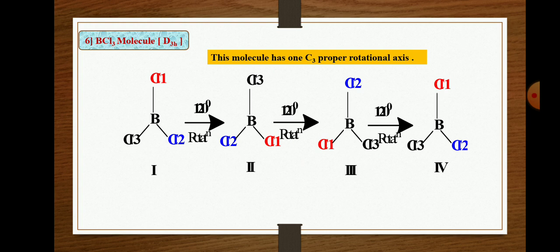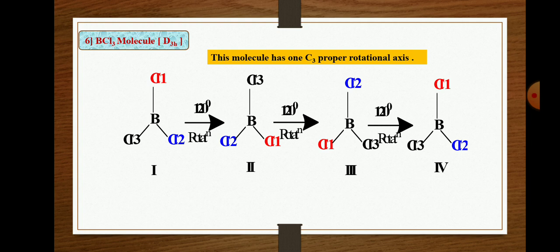Rotating another 120 degrees gives a third structure, the same but not equal. Rotating by 120 again, we get a fourth configuration.